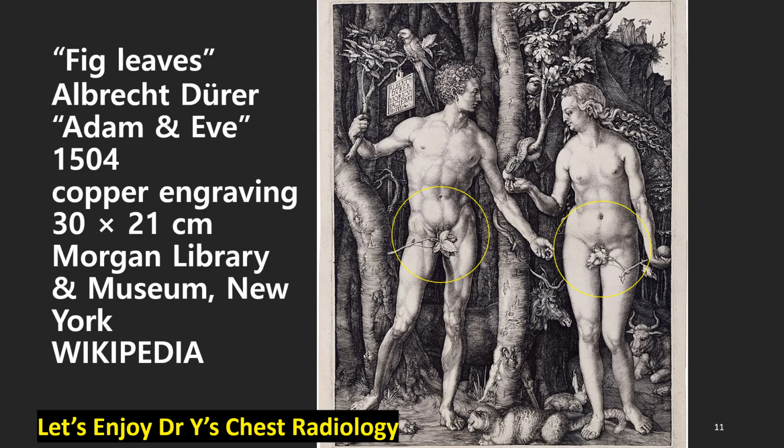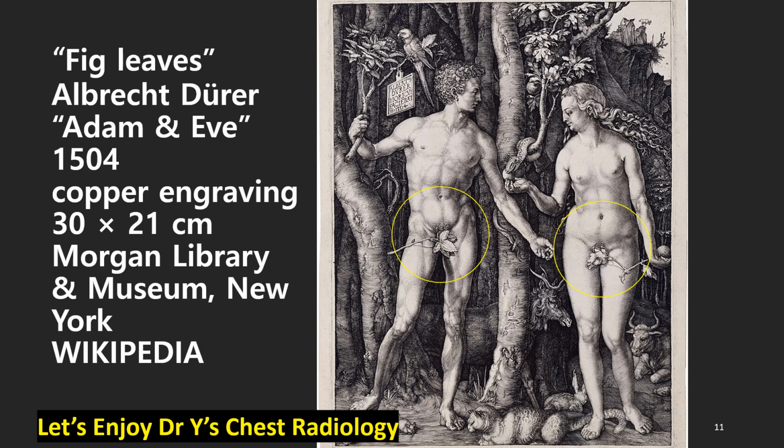Let's have a short break, enjoying the copper engraving, showing us another leaves, not holly leaf, but fig leaves, of Adam and Eve by Albrecht Dürer, German Renaissance painter, 1504, copper engraving, 30 centimeters, Morgan Library and Museum in New York, according to Wikipedia. They are Adam and Eve.